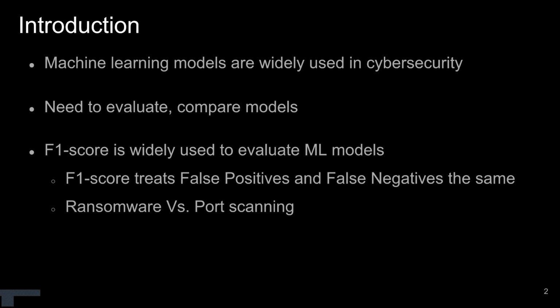During the model building process, models need to be evaluated, and the most common evaluation metric is F1 score. F1 score works very well, including for skewed data. But one problem that F1 score has is that it treats false positives and false negatives the same.